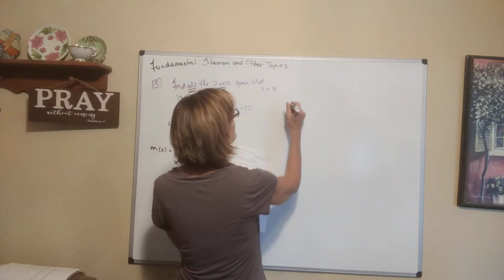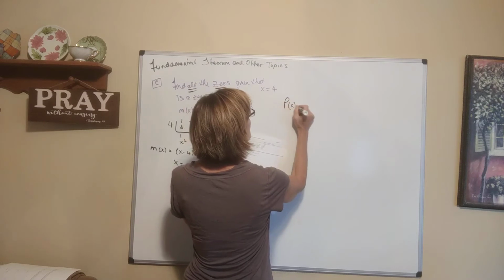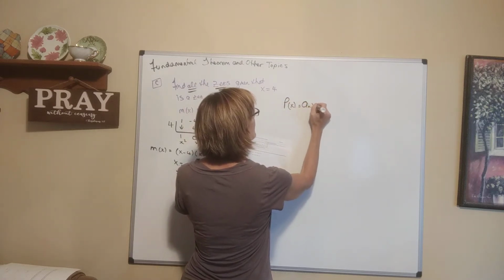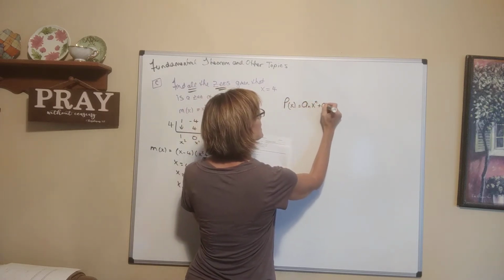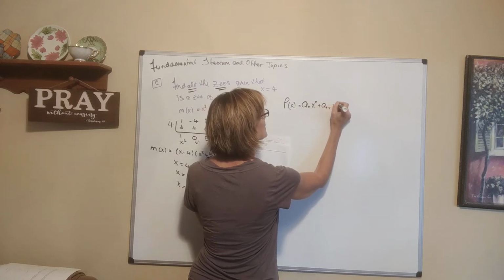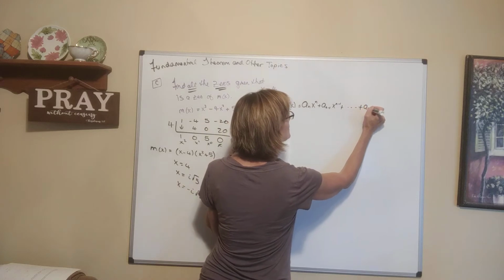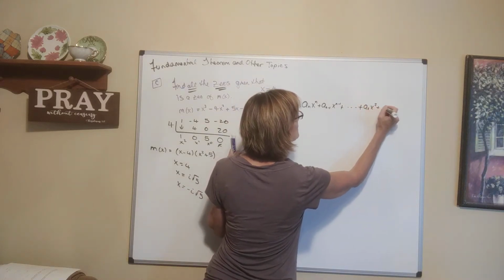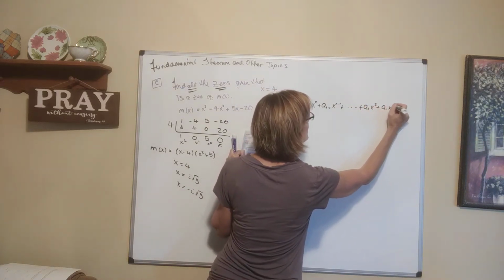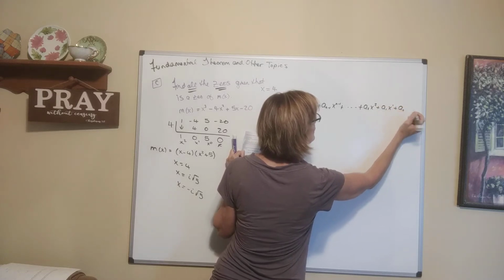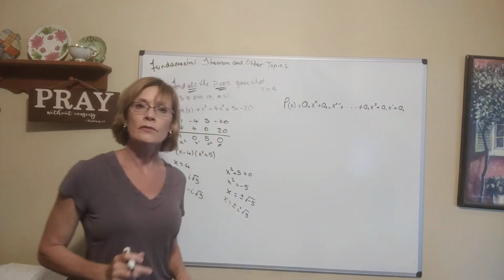It's the generic form: P of x is equal to a sub n x to the n plus a sub n minus 1 times x to the n minus 1 plus some more terms plus a sub 2 x squared plus a sub 1 x to the 1 plus a sub 0 x to the 0. We could write that on there if we wanted to.